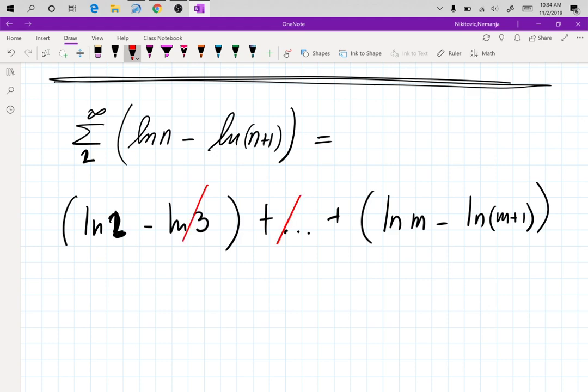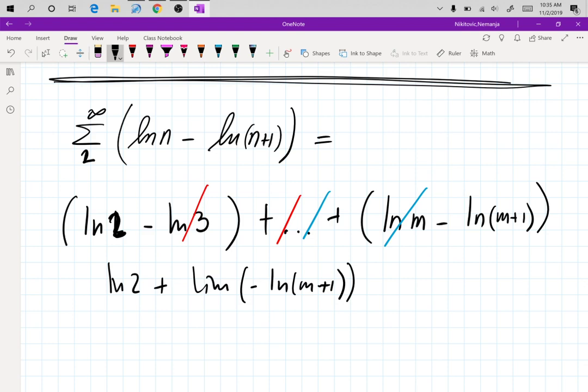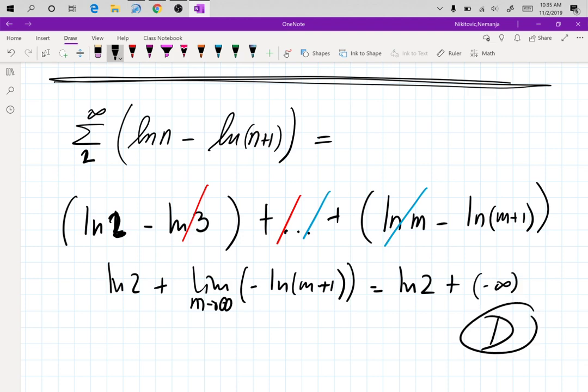So this one will cancel in here, this one will cancel in there, and we are left with ln 2 plus the limit of negative ln of m plus 1 as m goes to infinity. So this becomes ln 2 plus, very good, diverges.